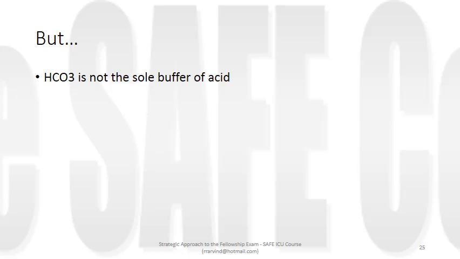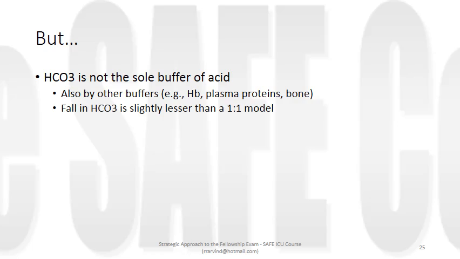You have other buffers: plasma proteins, bone, hemoglobin, and so on. Therefore the fall of bicarb is slightly lesser, because the bicarb is spared, helped by these other buffers. In a 1:1 model, where bicarb is the only buffer of the protons, you'd have a nice linear relationship. But in real life, the fall of bicarb is slightly lesser.